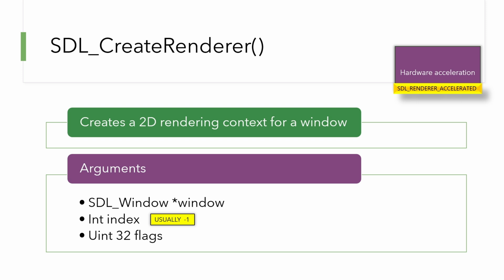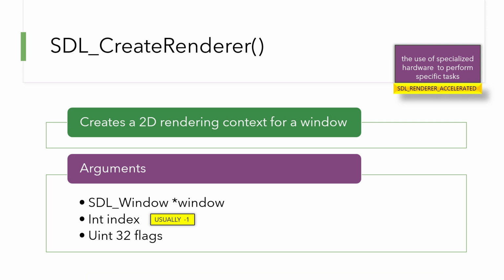And if you're wondering what hardware acceleration means, well, essentially it means that our program is going to be using specialized hardware to perform certain tasks. So in a game, for example, graphical operations would be handled by the GPU, leaving the CPU free then to handle other tasks, thus improving the performance of the game.